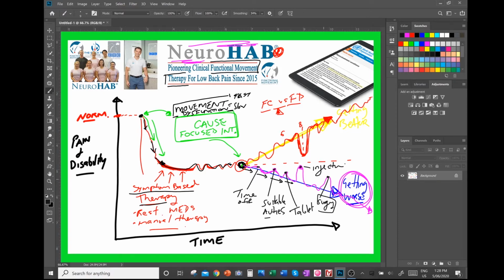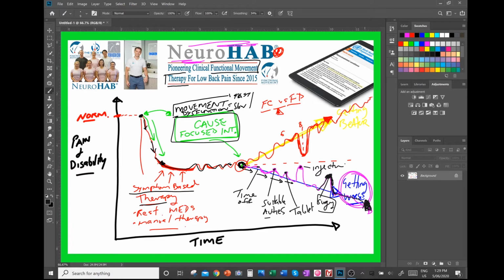Okay, and you get this amazing, oh yeah, the surgery was great, but only for a little while, because if you do not implement a strategy, a treatment strategy, a cause-focused strategy that actually eliminates movement dysfunction, even the surgical intervention, the short-term benefits will fail, and you'll be back on this path because you already set yourself on that trend line by choosing, or not necessarily choosing, but by not being directed towards a cause-based intervention.